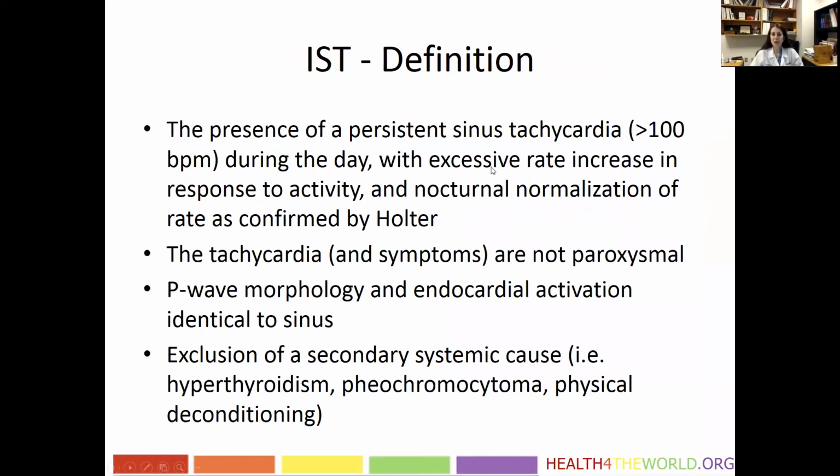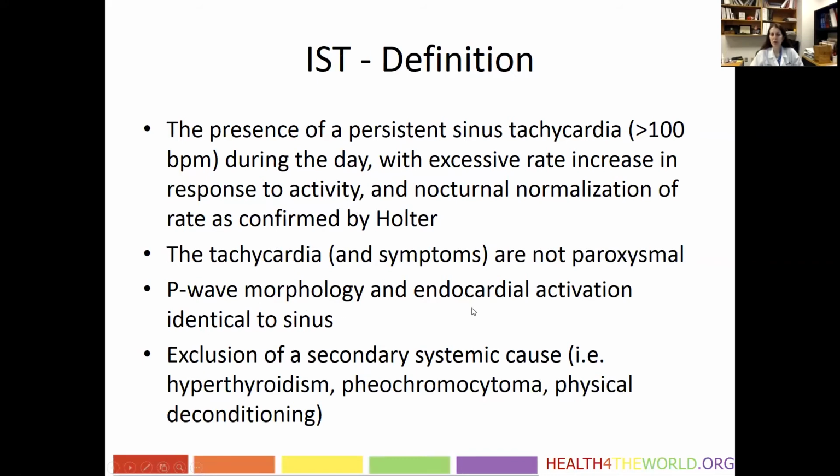The definition of inappropriate sinus tachycardia is the presence of persistent sinus tachycardia at more than 100 beats per minute during the day, with excessive rate increase in response to activity and nocturnal normalization of the rate as confirmed by Holter. The tachycardia and the symptoms are not paroxysmal, they are constant.